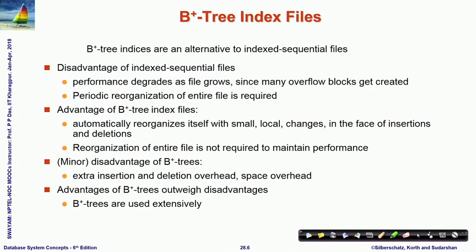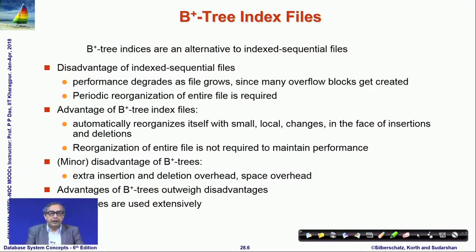Now, the B plus tree is one of the main data structures used for index files. We have seen the ordered indexes and the index sequential files, where you could keep the index file in a sorted manner. In the primary index you could build a secondary index on that and so on, but that is not an efficient way of doing things, because the performance keeps on degrading as the file grows, since many overflow blocks get created.